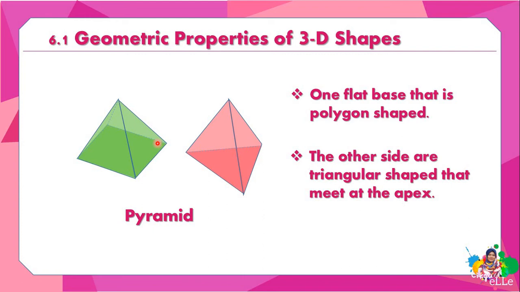For the pyramid, it has triangular side shape and meet at apex. Apex is this one, the vertex. The point where triangular shapes meet is known as apex.